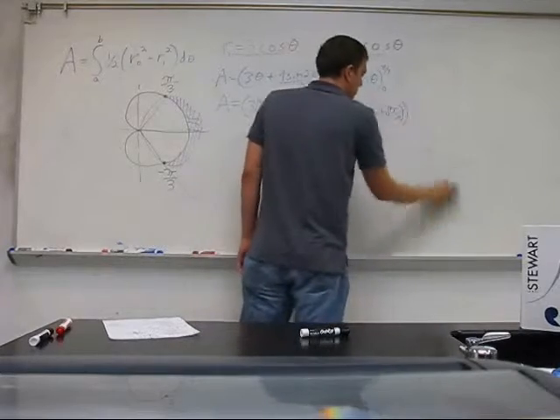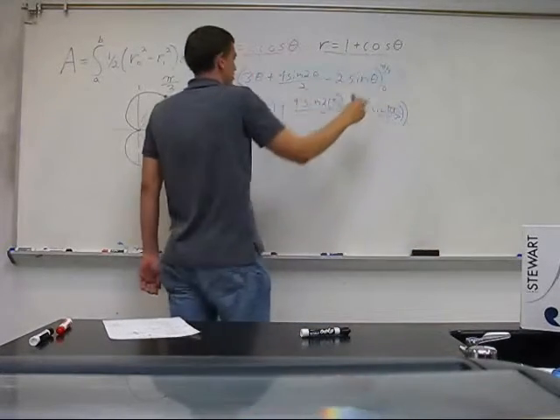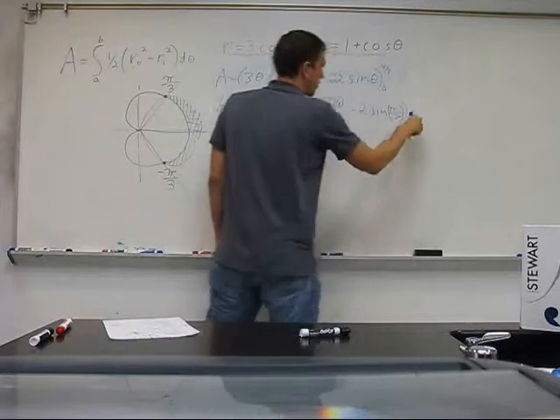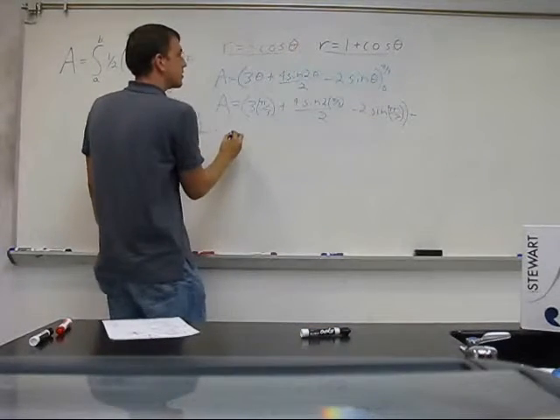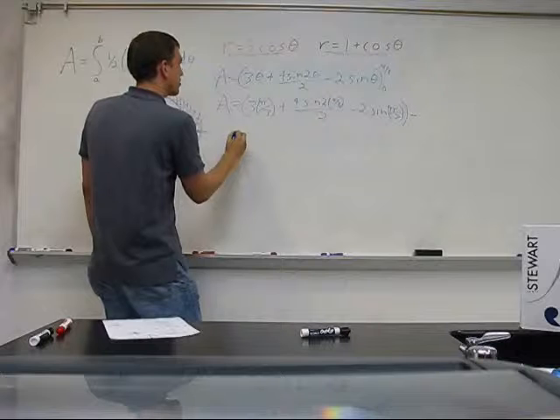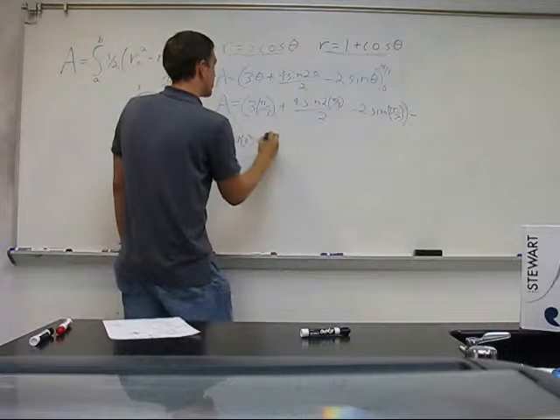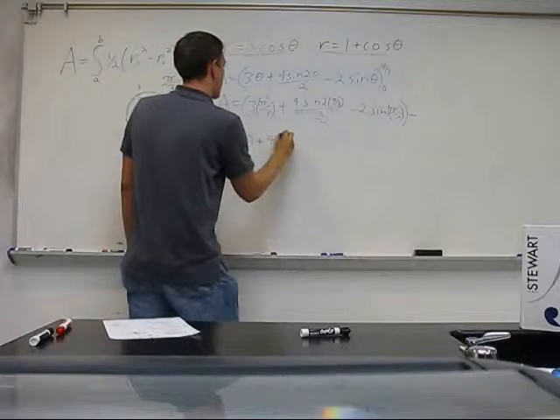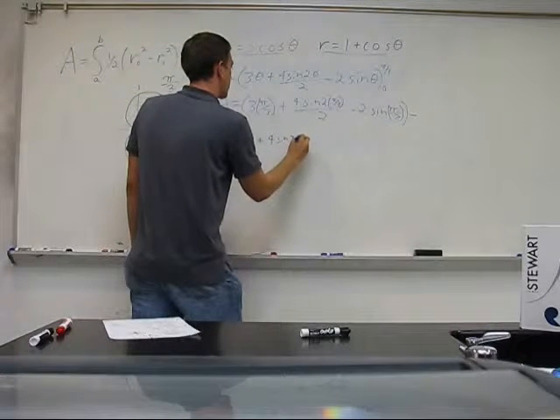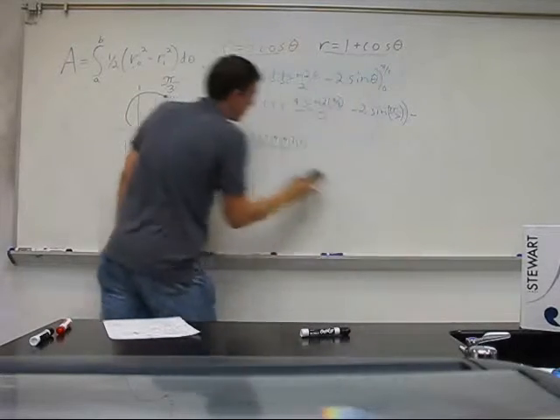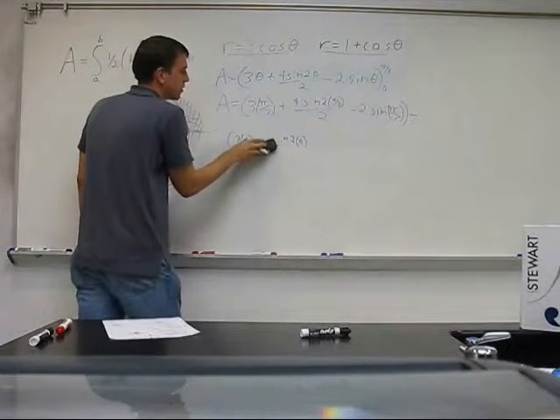Alright. And now we have to subtract the 0. So it's going to be minus, I'm going to bring it down here. Minus 3. This simplifies to 2, obviously.